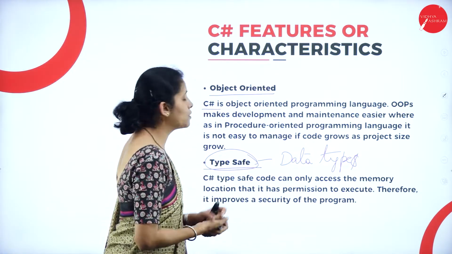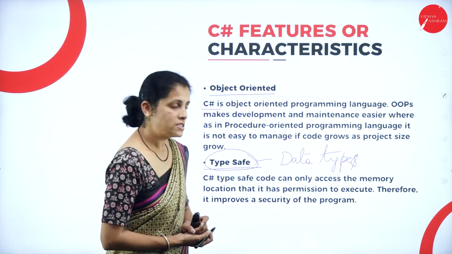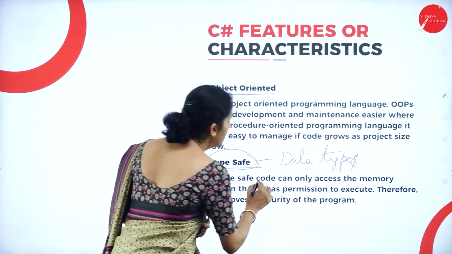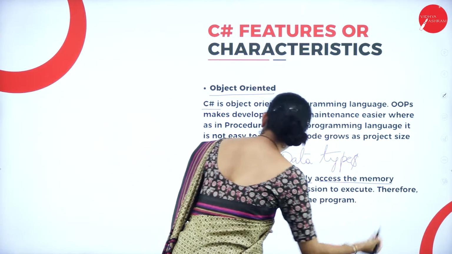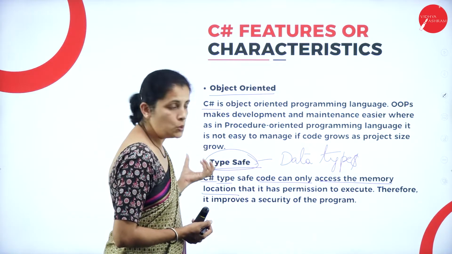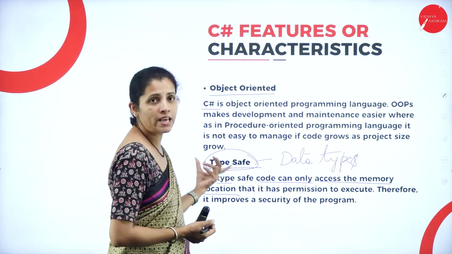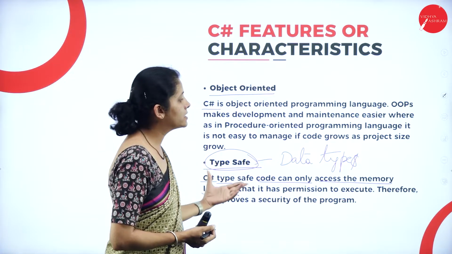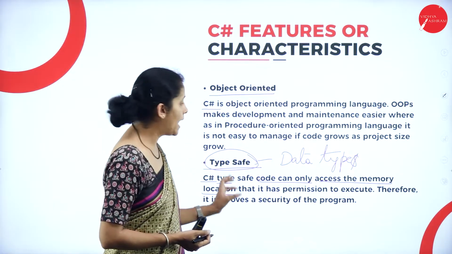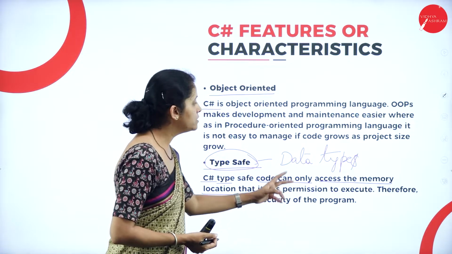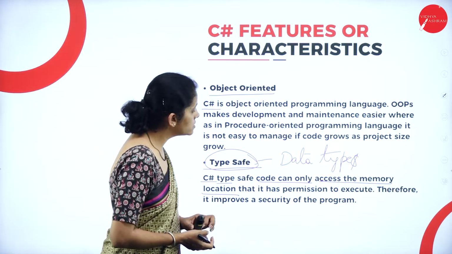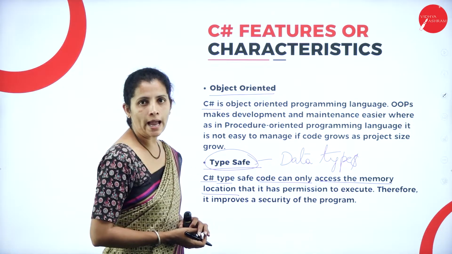For that reason it is called type safe. So C# type safe code can only access the memory locations it is authorized to. So by using type safe, we are able to access only the memory locations that it has permission to execute. Therefore, it improves the security of the program.